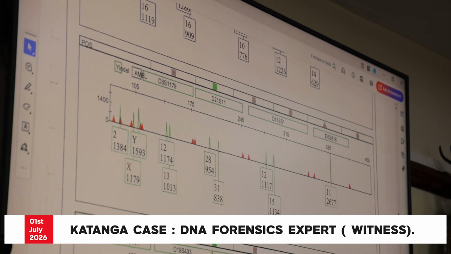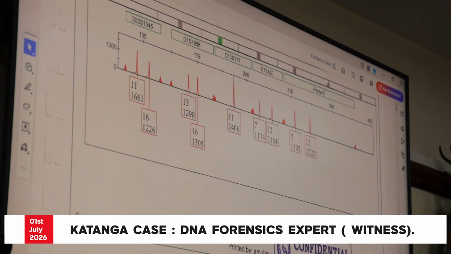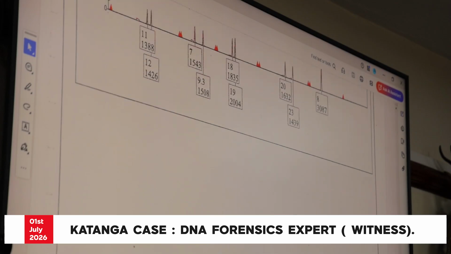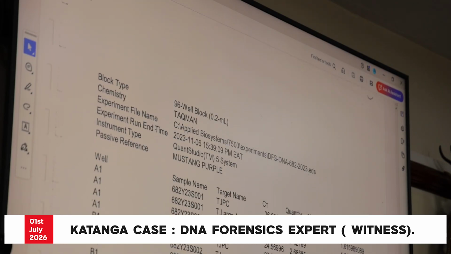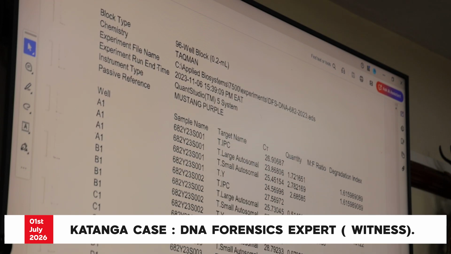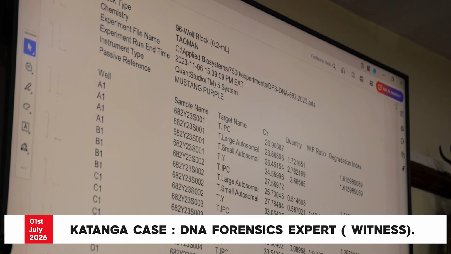So after the batch number, I then looked at the paperwork created during the quantification stage, the measurement of the amount of DNA. And here again, it gives the indication of how the sample number stays with that sample through every single stage of the process. So this means the actual processing is completely transparent.